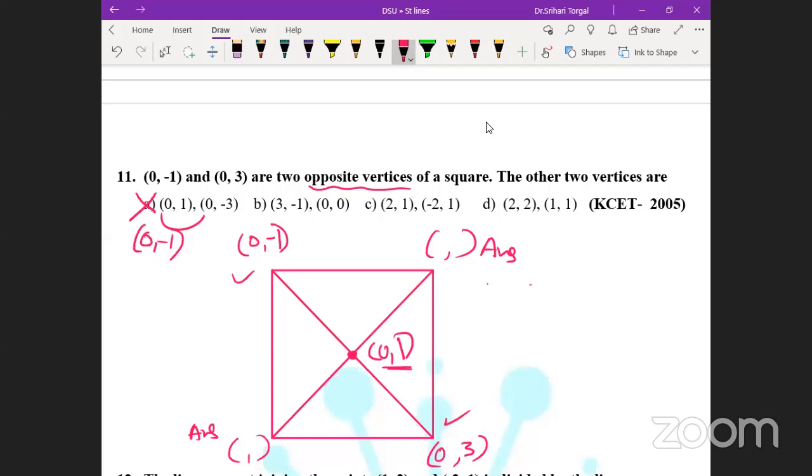Now, option B. Yes, these are the 2 points. Got it?